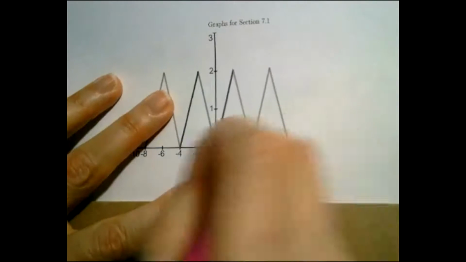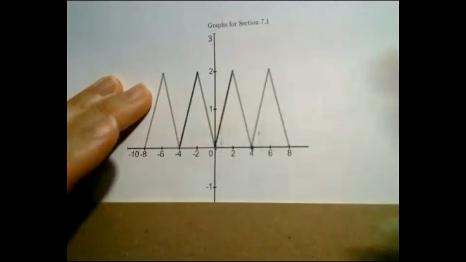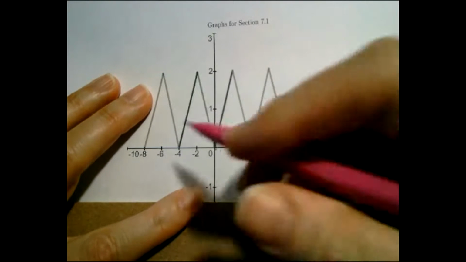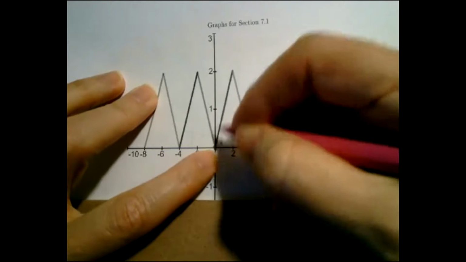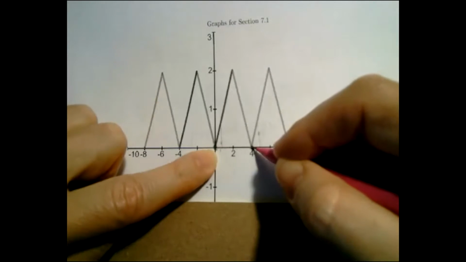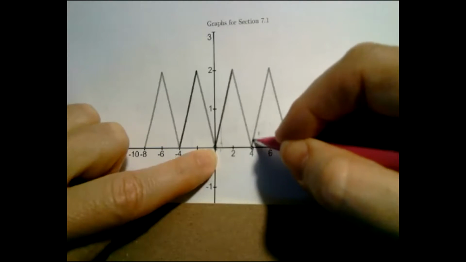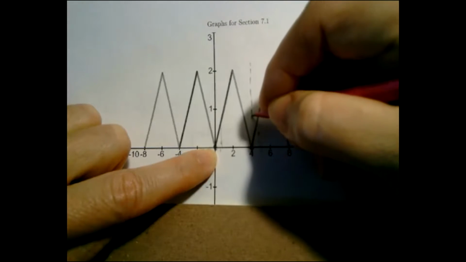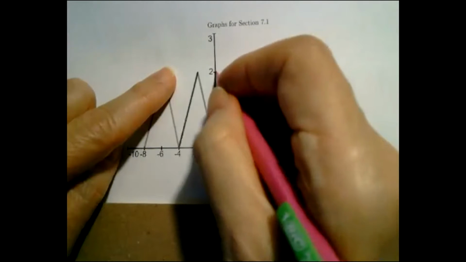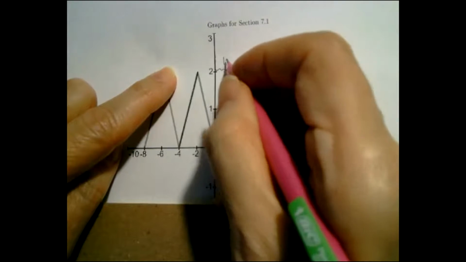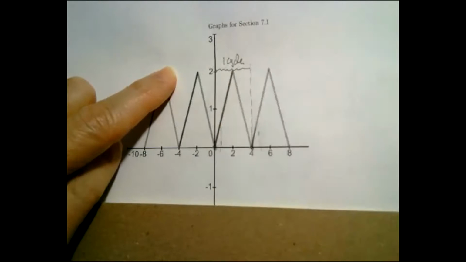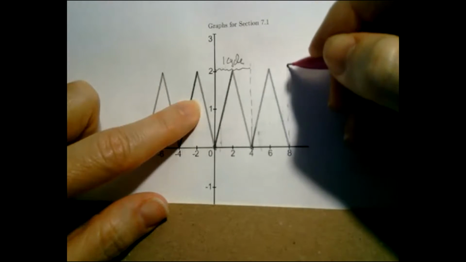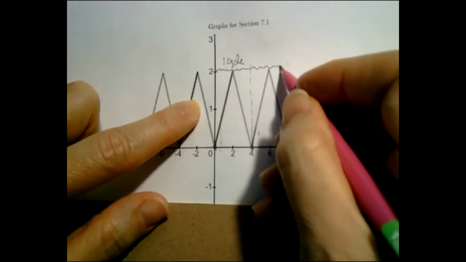So what is the period? The period is how long it takes to finish a cycle or to start repeating itself. If I start at 0, go up and down, then I realize that the graph starts repeating itself. So that's one cycle. And then between 4 and 6, again, that's another cycle.